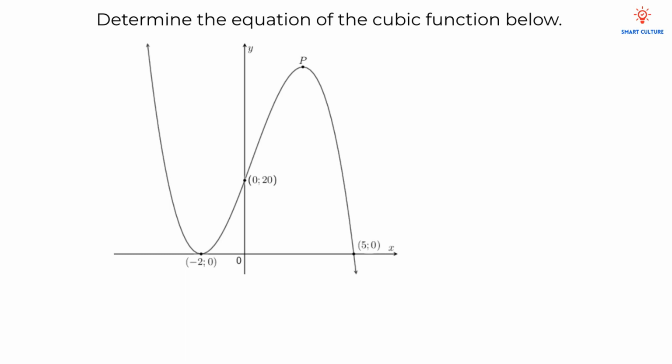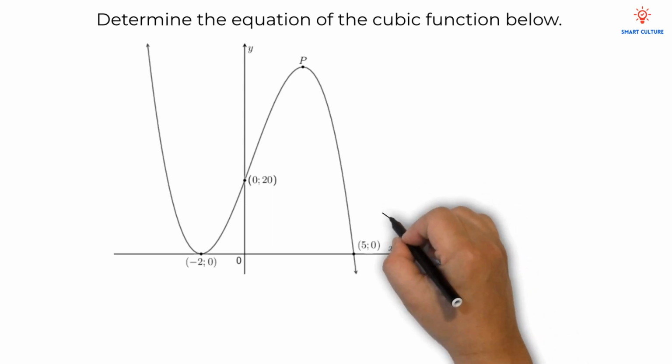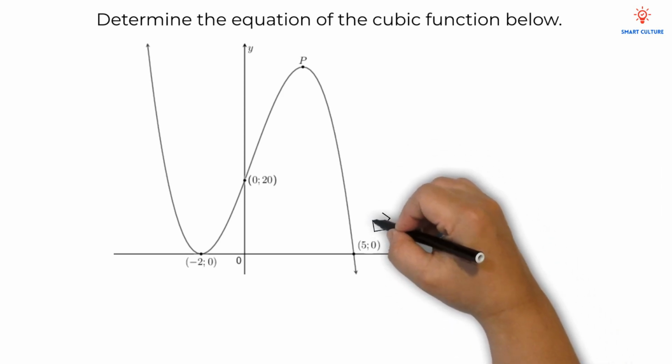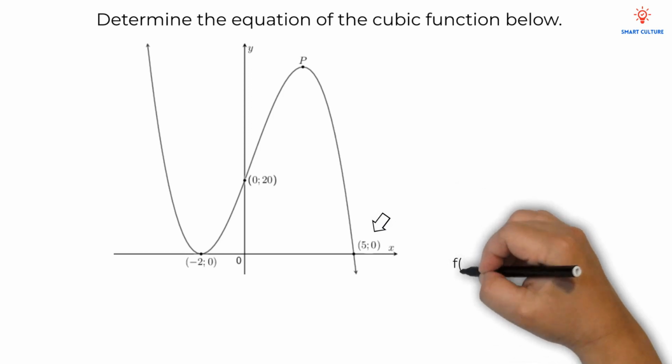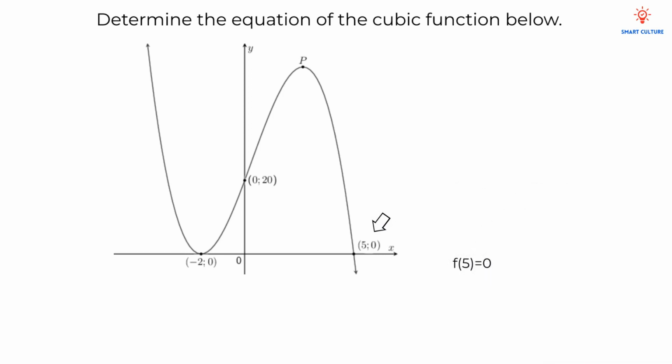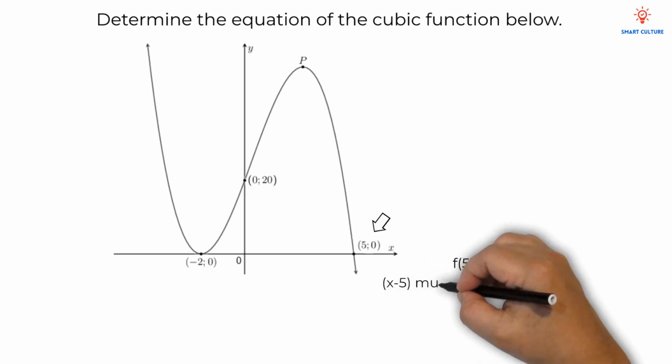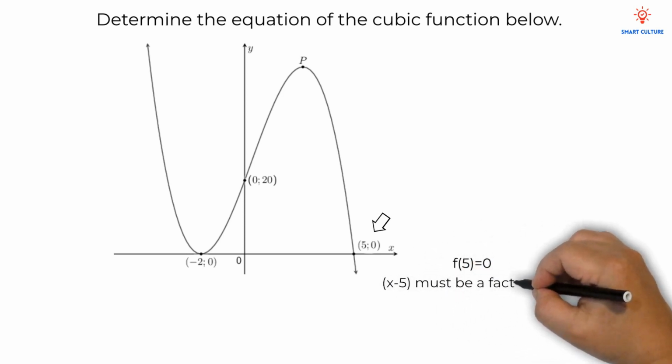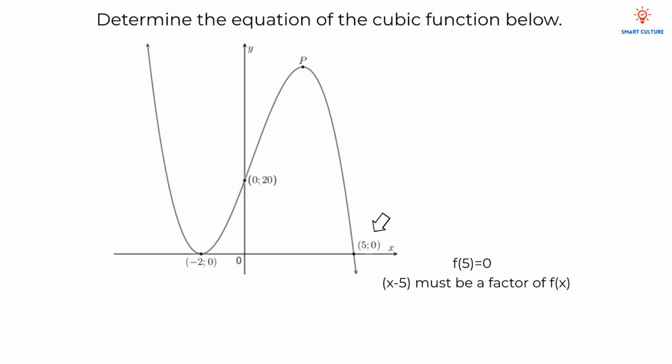We can find the factors of the equation from the graph. For example, consider the root at x = 5. From that point, we know that f(5) = 0. We know that the y-coordinate is equal to 0. The factor theorem tells us that x - 5 must be a factor of f(x). And the same applies to all the roots on the graph.